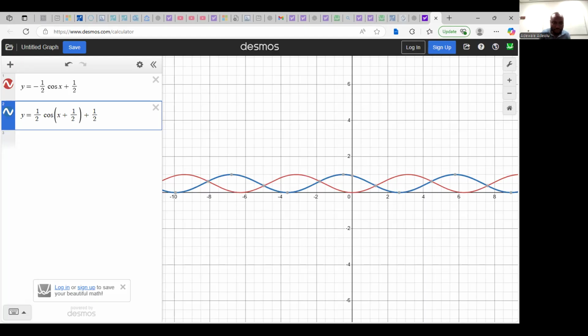Okay, cosine of x. So we shift to the left by 0.5, and we move up 1/2.